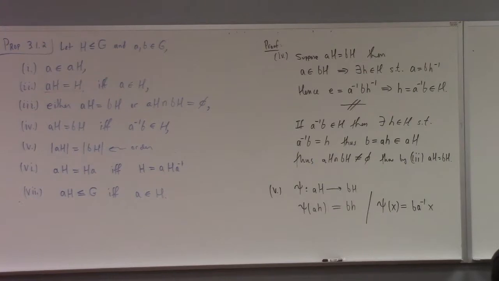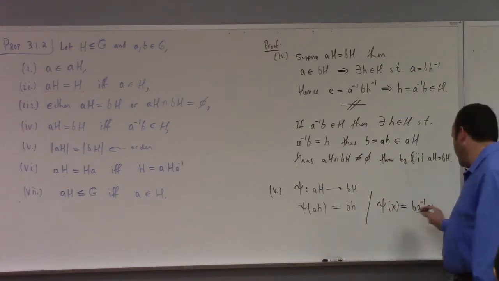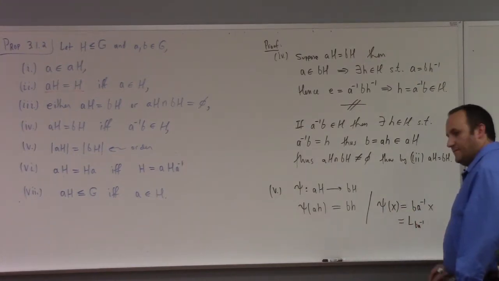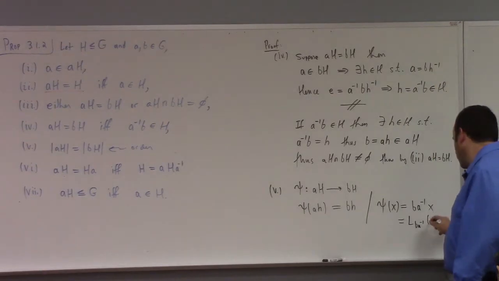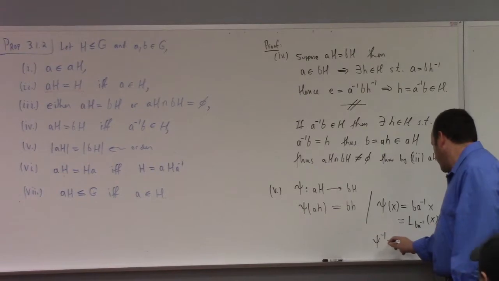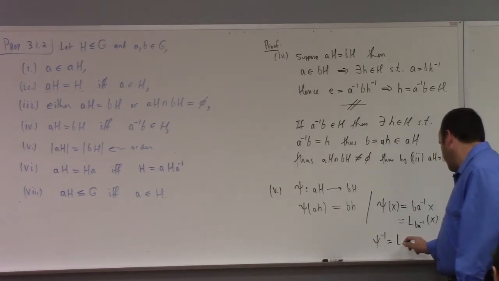Anyway, can you tell me what the inverse of that map is? Writing it this way, that's just left multiplication by BA inverse, right? So it becomes clear that the inverse of the map is just left multiplication by the inverse, right?